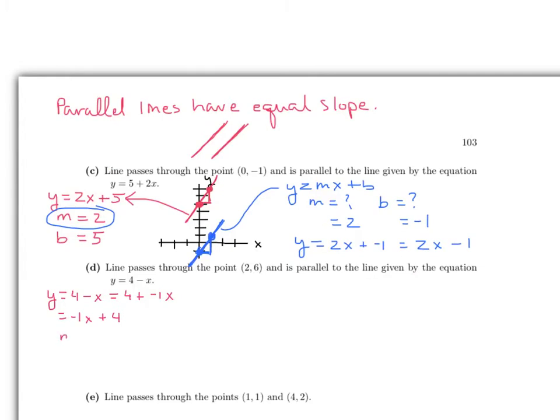So you can see from here that m is -1 and b is 4. So the slope of this line is -1. That will be important for us because the line we want is parallel to this line, which means the two lines will have the same slope, namely -1. Now let's sketch a graph to see what this looks like.